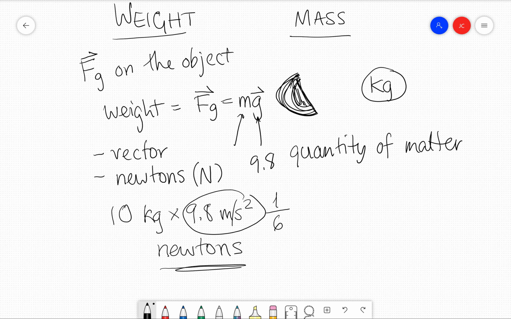Again, like every other concept today, this begins to make significantly more sense when we do practice problems with weight or mass. And we will definitely do those in the future. But for now, the most important thing to understand is just how to explain these concepts. Weight being equivalent to the force of gravity, and mass being a measure of the quantity of matter.